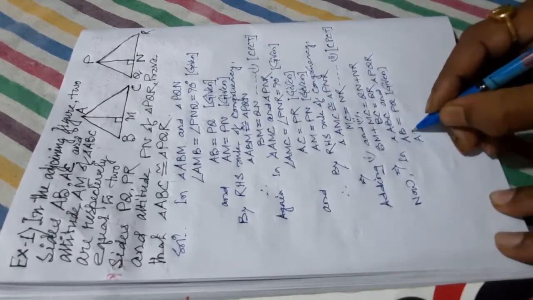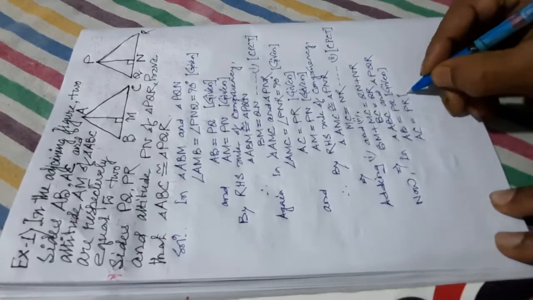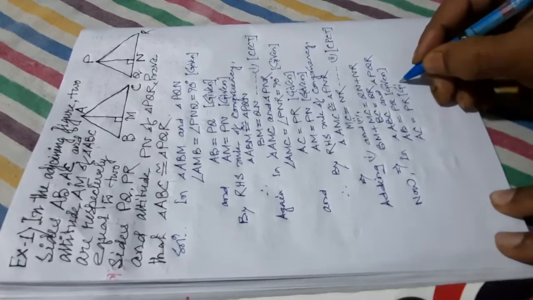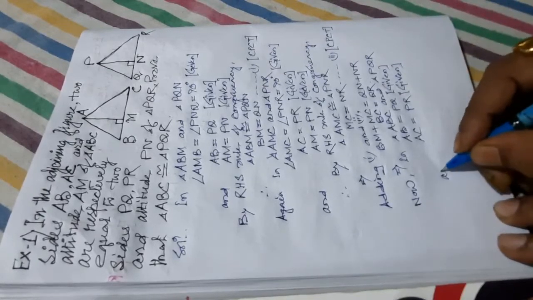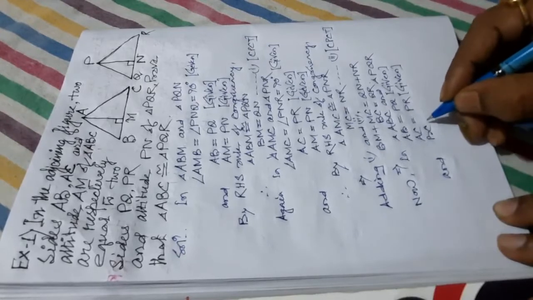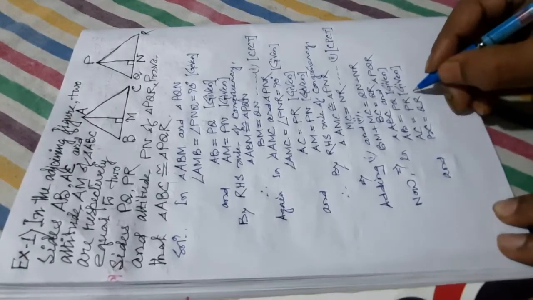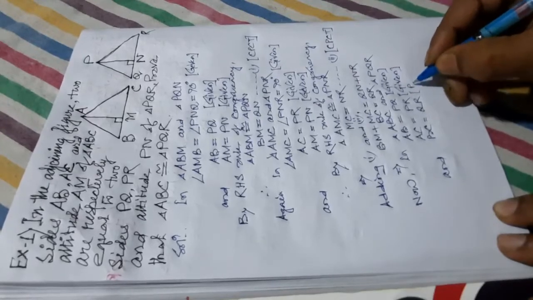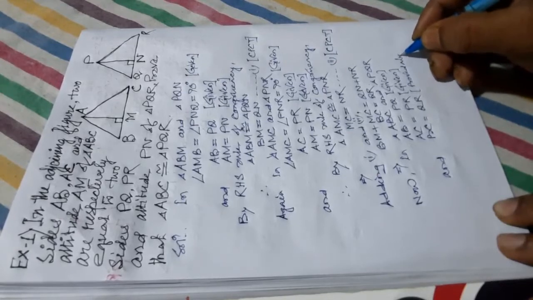AC is equal to PR, given, and BC is equal to QR, proved above.